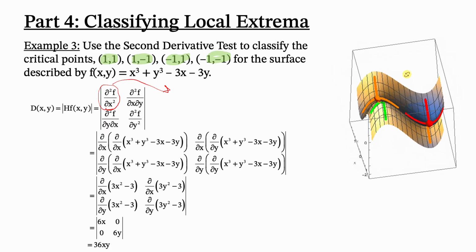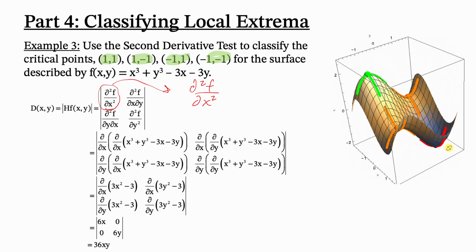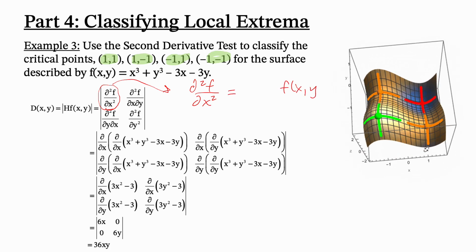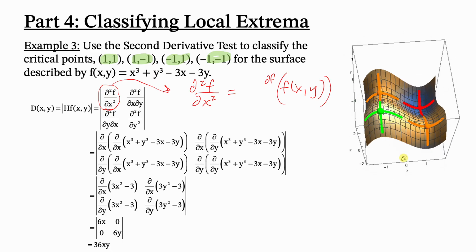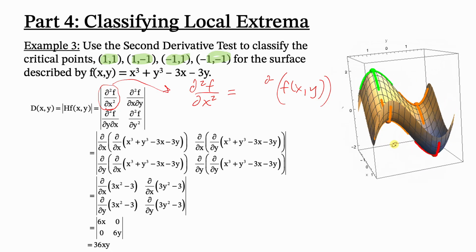This notation is the same as saying I'm taking my f of x y and I'm taking its partial derivative with respect to x. Sorry, let me grab the eraser. I just put an extra f in here by accident.